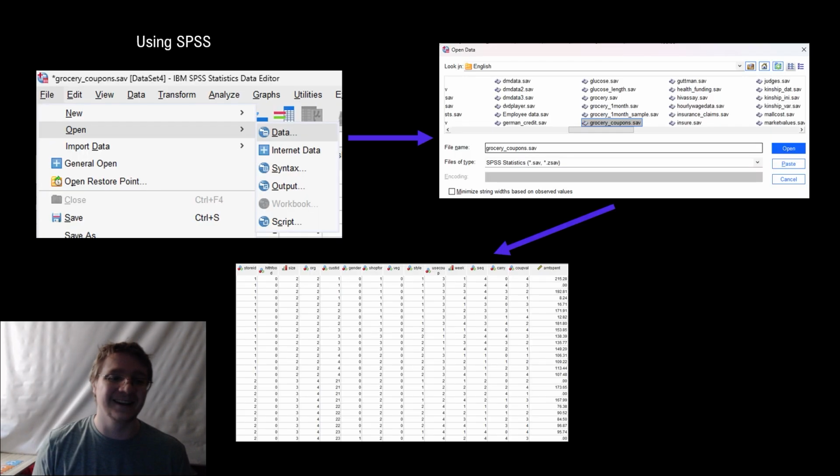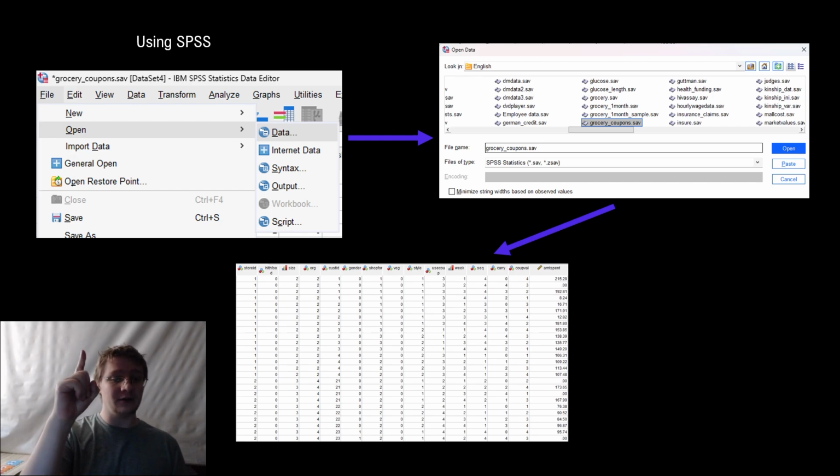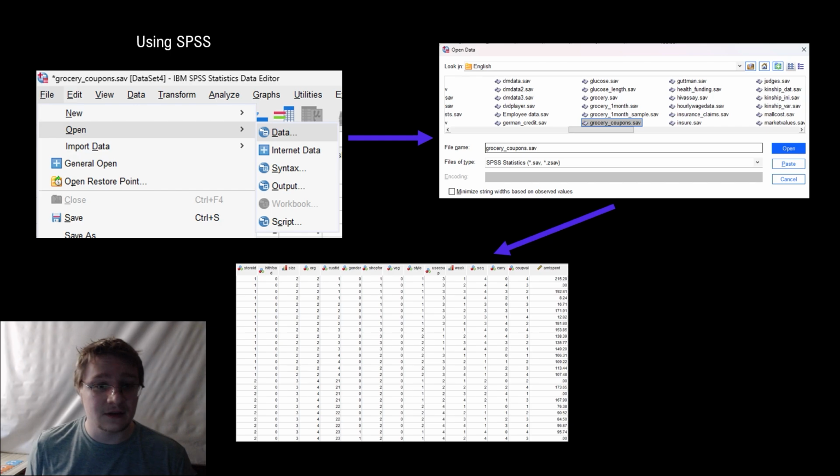When we're using SPSS, we want to open up our data first. So first we're going to go to File, Open, and then go to Data over there. And all the way over there, you want to look at grocery coupons.